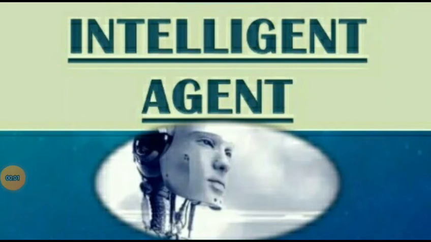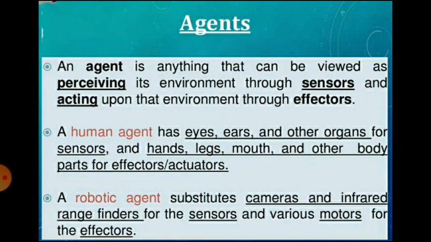Good morning. Today we will discuss intelligent agents. So what is an intelligent agent? An agent is anything that can be viewed as perceiving its environment through sensors and acting upon that environment through actuators.